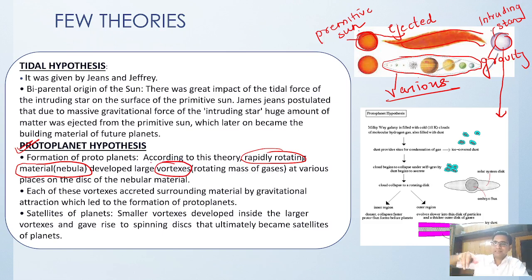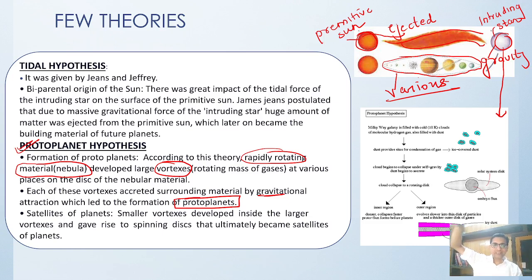At various places, like here one vortex is there, at this place one vortex is there. So everywhere there are highly rotating masses of gases revolving around a certain center. Each of these vortexes, surrounded by material, through gravitational pull has led to the formation of protoplanets. So everywhere where the vortexes are there, the rapidly rotating material gets condensed into protoplanets.